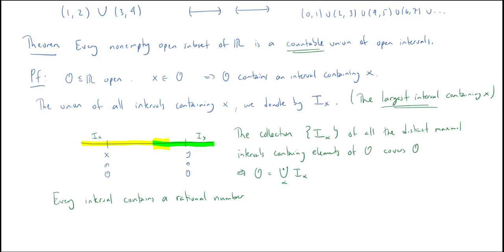And so the collection of all these I alphas is going to be indexed by a subset of the rational numbers. Thus this collection is indexed by a subset of the rational numbers, so a subset of Q. But Q is countable. All right, Q is countable. Therefore every subset of Q is countable.